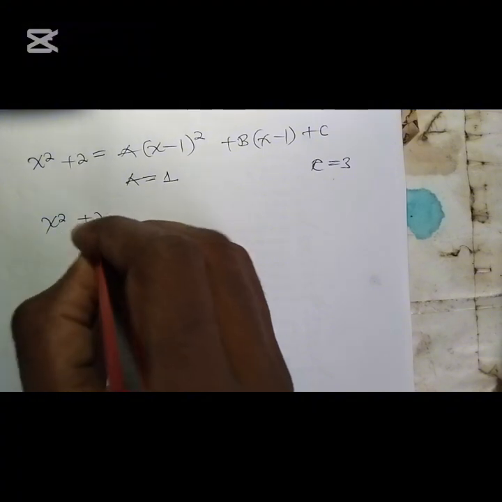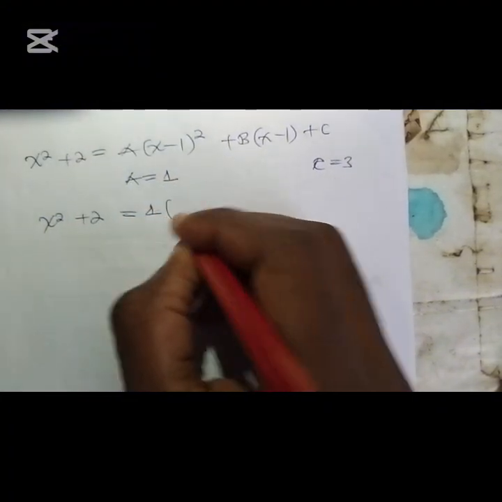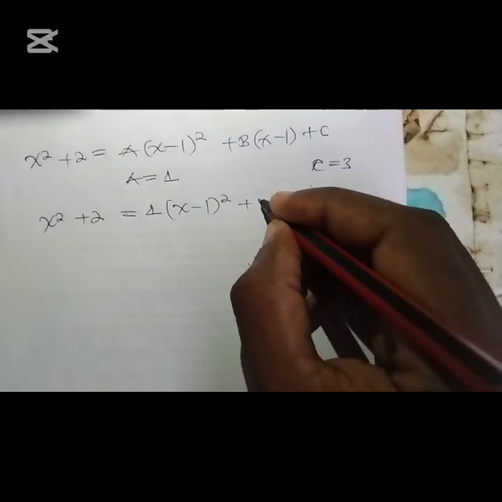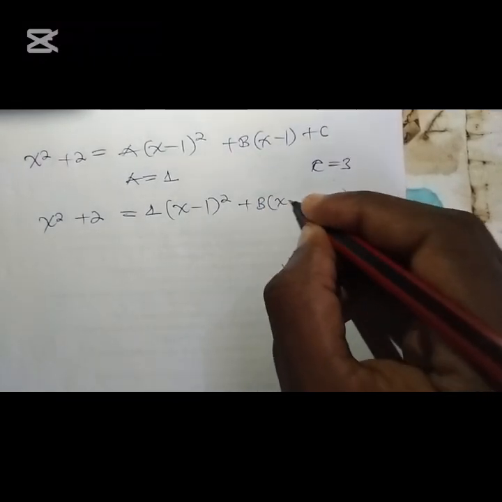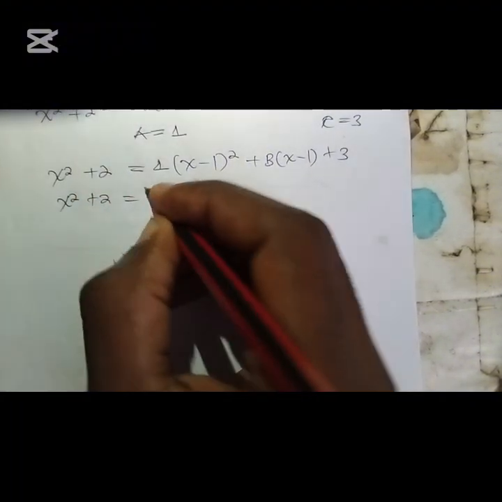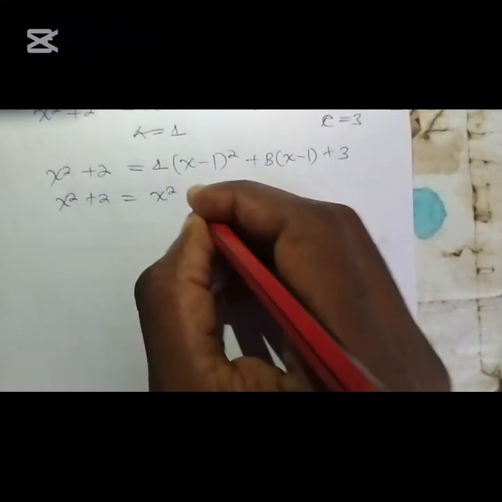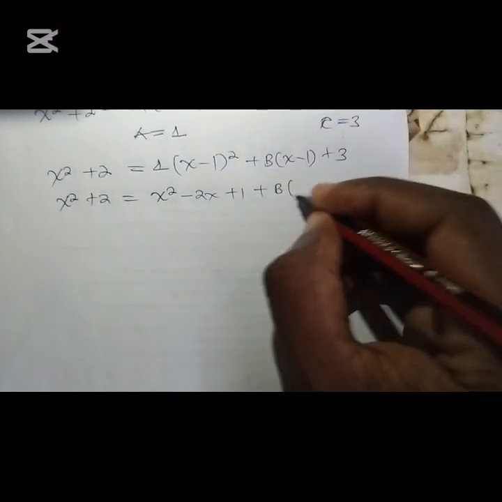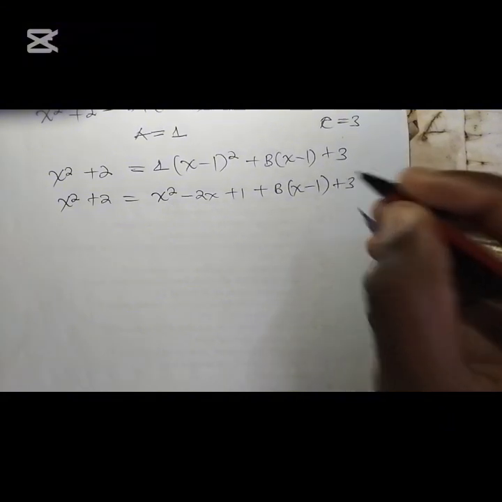So we say x raised to the power 2, then plus 2, which is equal to a is 1, then 1 times x minus 1 raised to the power 2, then plus b, x minus 1, then plus 3. Okay, then from there we have x squared plus 2, then this will just give us this plus 1, then plus b, x minus 1, then plus 3.